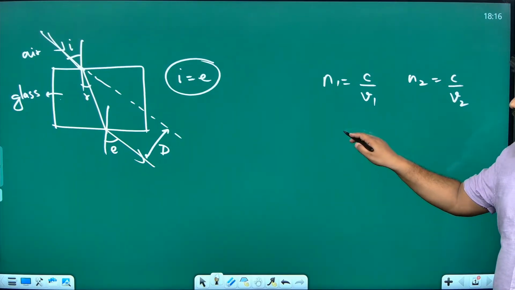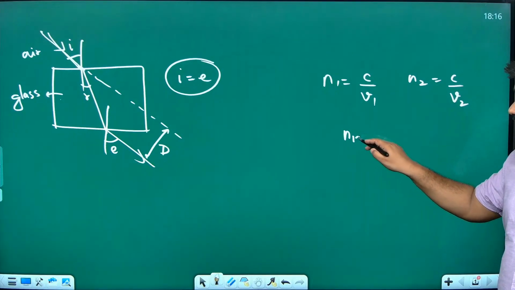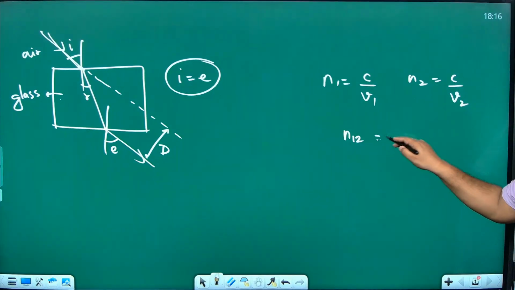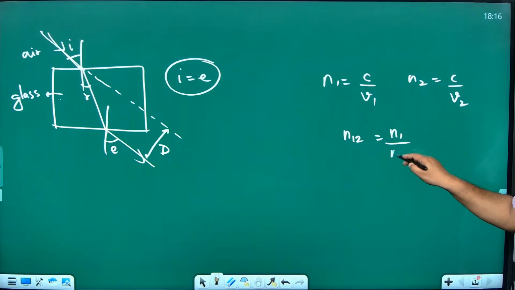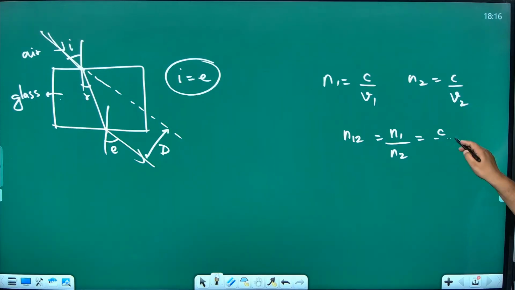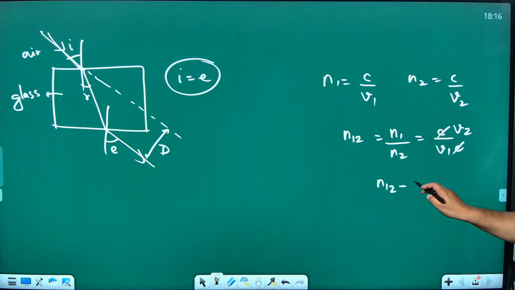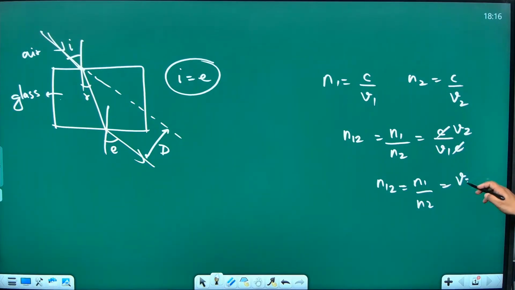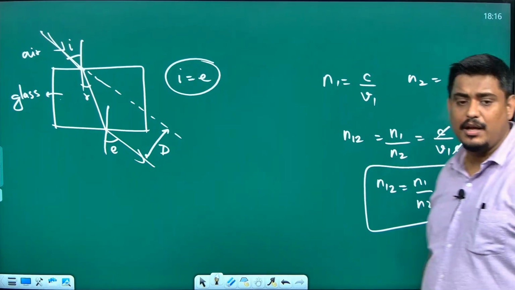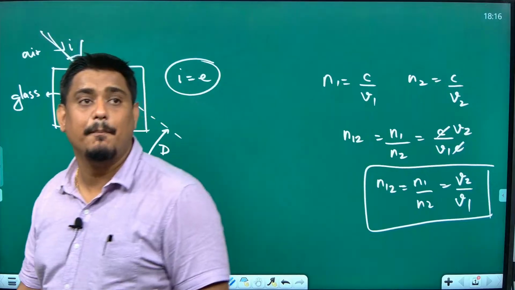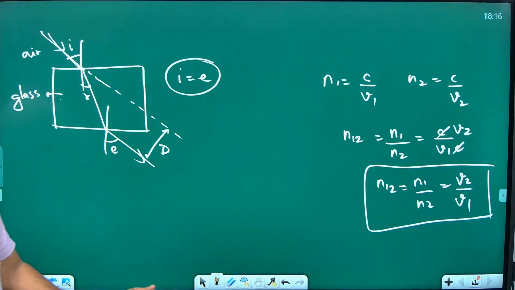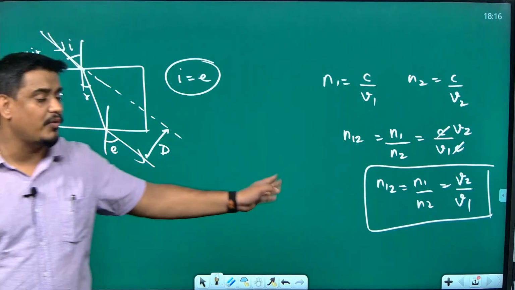But if I want to write the refractive index of the first medium with respect to the second medium, which will be equal to the refractive index of the first medium by the refractive index of the second medium, you will get (c/v1)/(c/v2), c gets cancelled. So n12, which was equal to n1/n2, will become equal to v2/v1. This is the formula of relative refractive index by which you can find the refractive index of two different mediums.